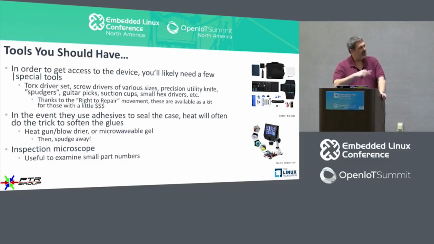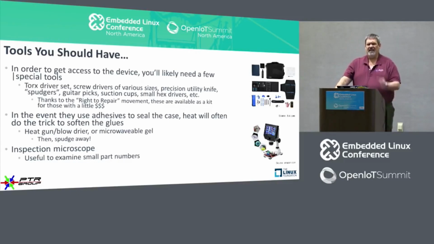These little inspection microscopes are USB powered. You can use them to take pictures of things, so if you need to prove to somebody that it was a particular part, you can. They go up to 600 power magnification, so it does a really nice job, and it's definitely handy to have one around.